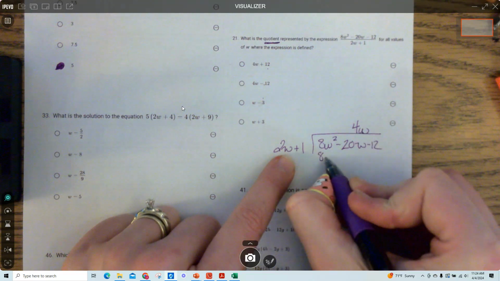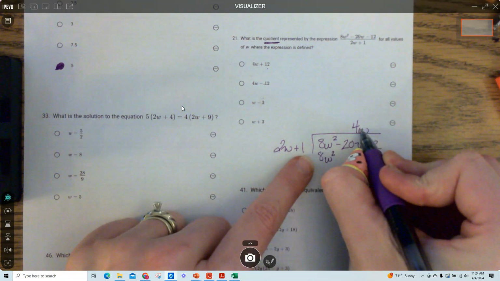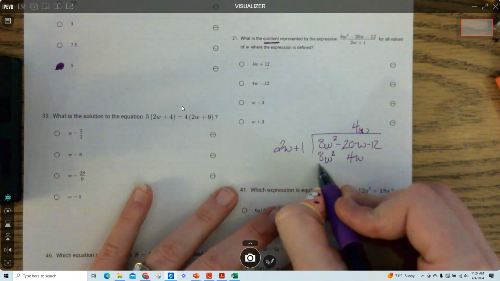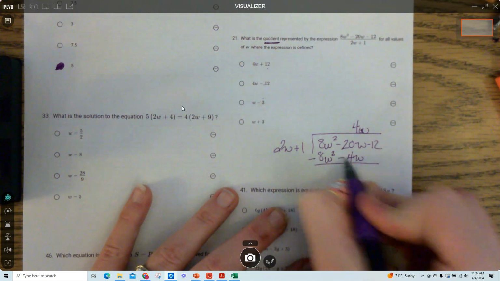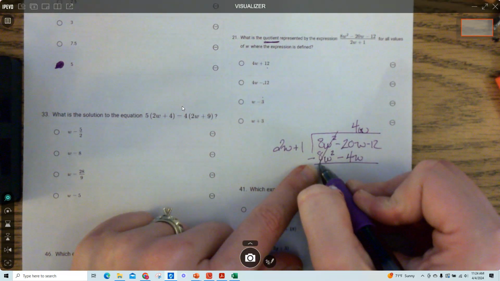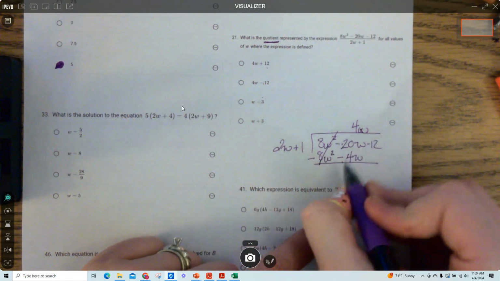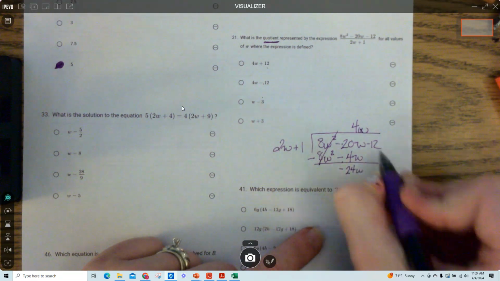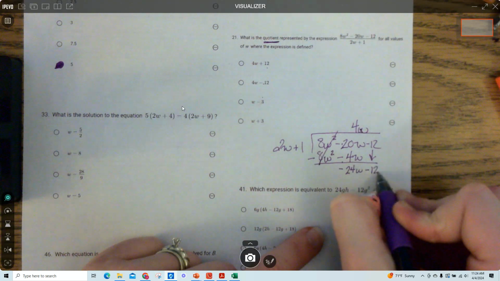W times w is w squared. 4w times 1 is 4w. And here's the tricky part. Subtract by changing signs. So positive and negative always cancel. Negative 20 and negative 4 is negative 24w. Bring down what's left.